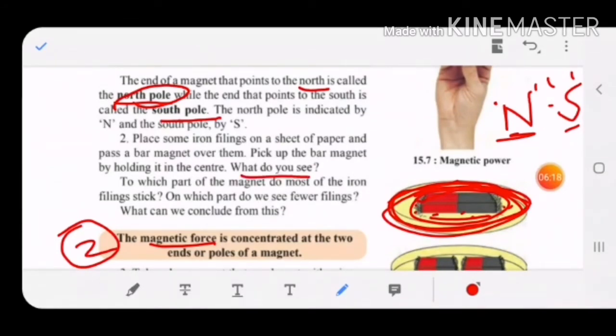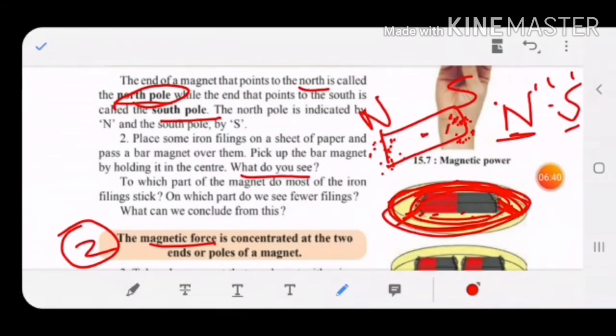What do you see, children? All the iron filings gather towards the ends and stick to them. This is north, this is south. You will see that many iron filings stick to these poles only, not at the center.